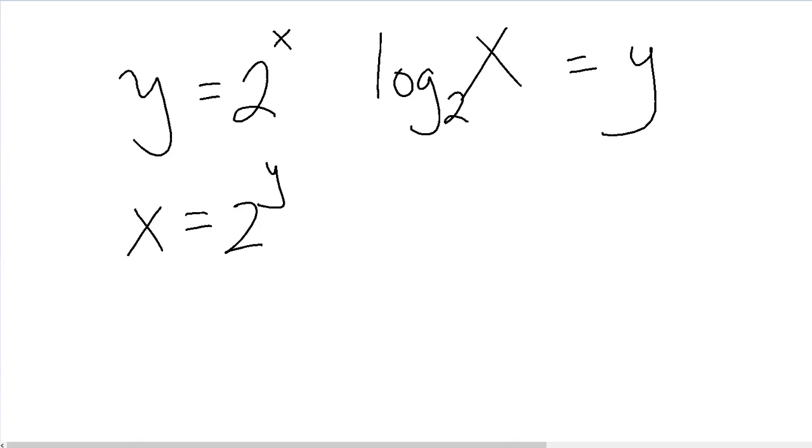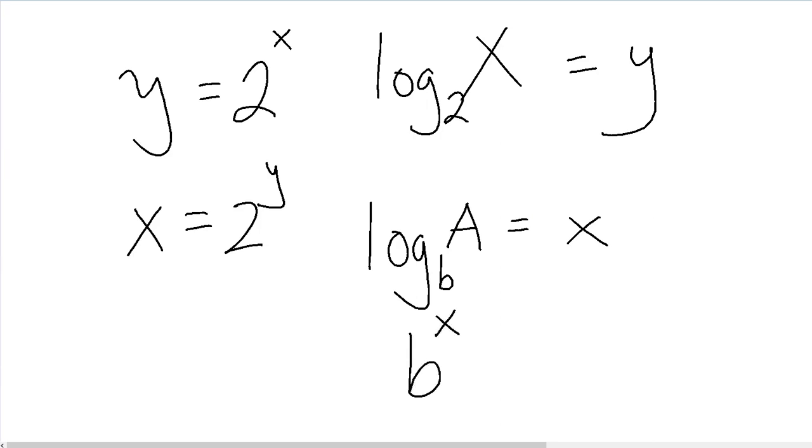So our first conversion formula is, if you have log base b of a equals x, you can write that base to the exponent equals the answer, which is sometimes called the argument of the log.